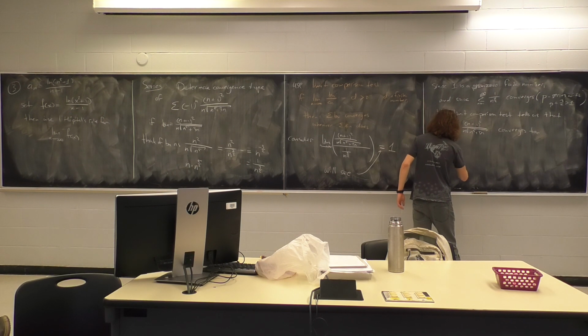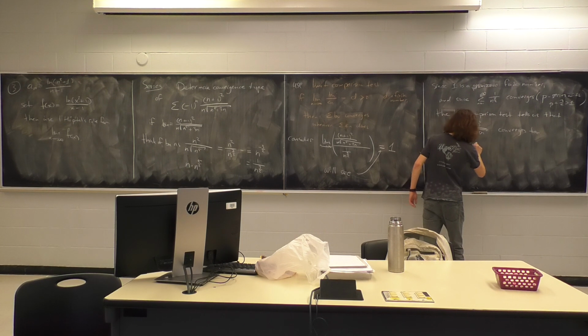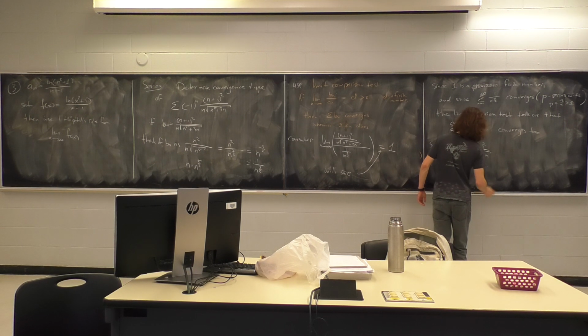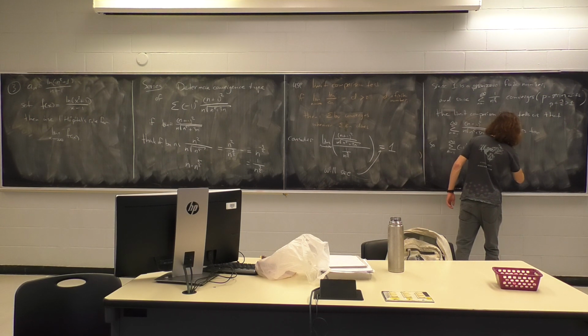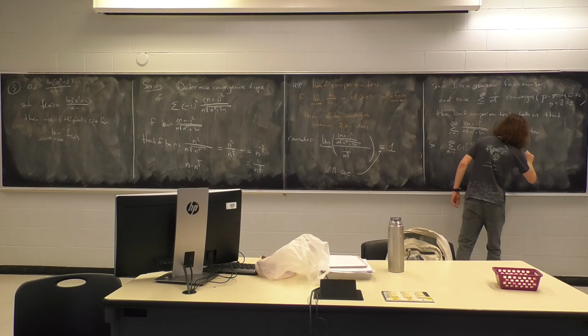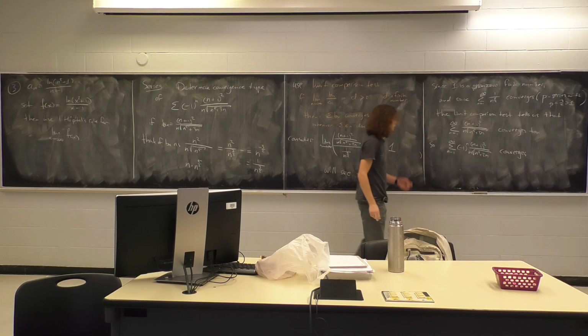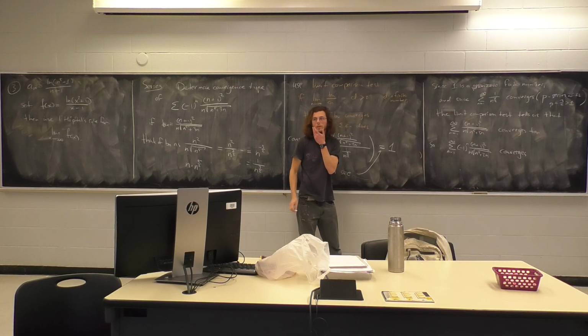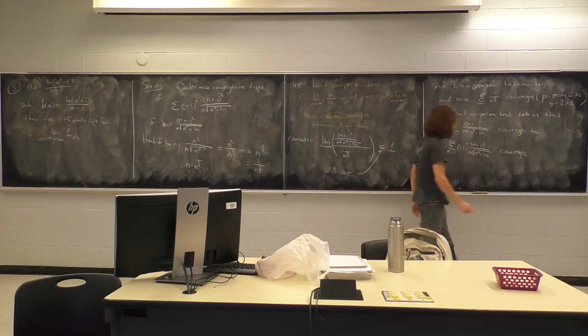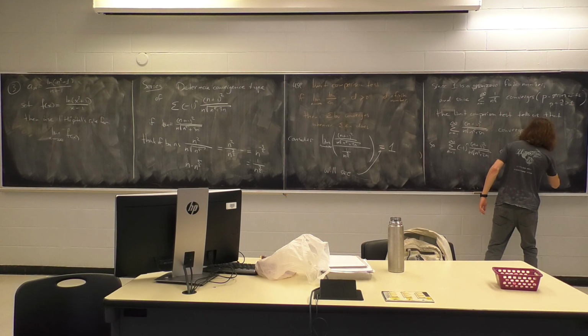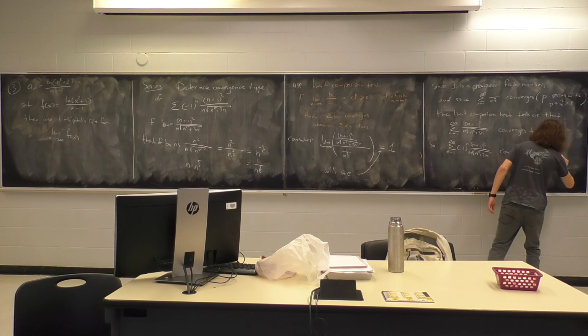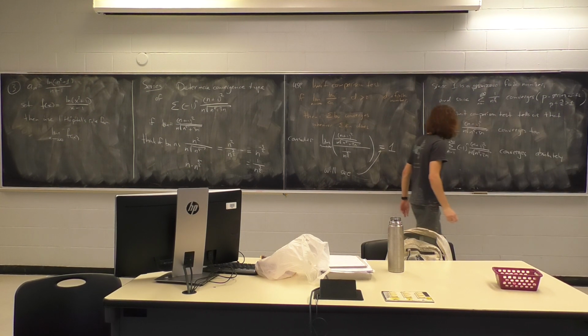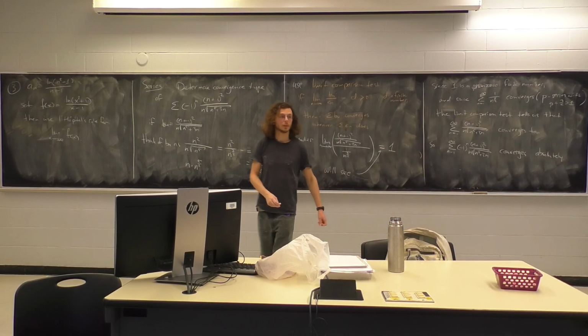So if I put it back, -1 to the n times n plus 1 squared over n square root of n to the power 5 plus 3n converges, and then I need to put another word. What's the word? Absolutely. So this is really the convergence type of this question.